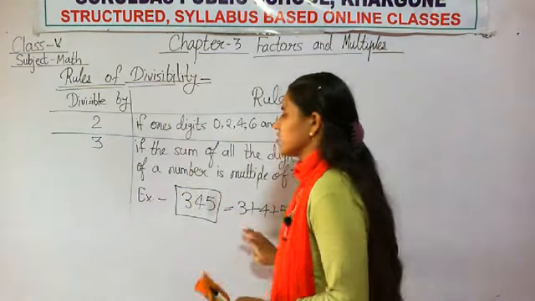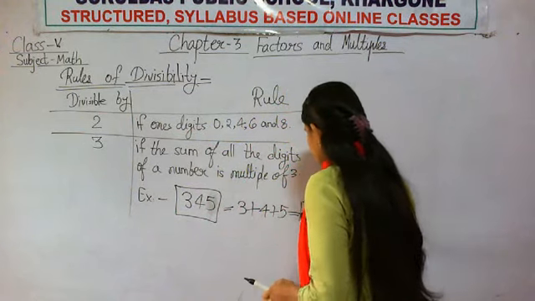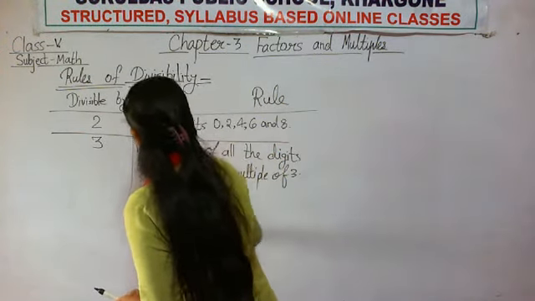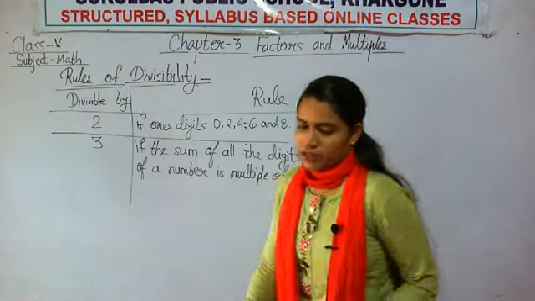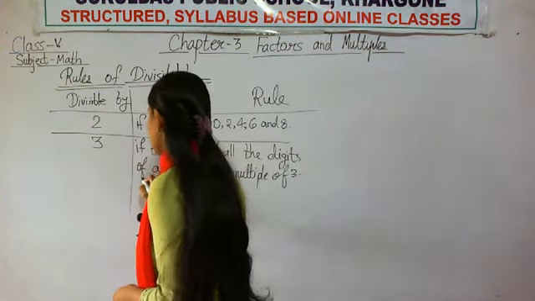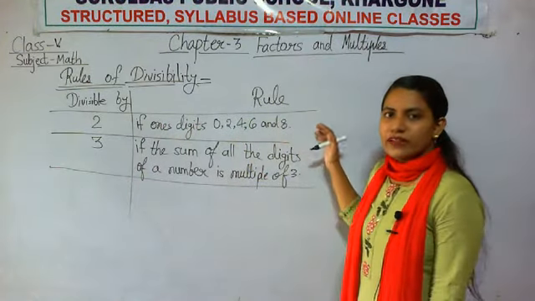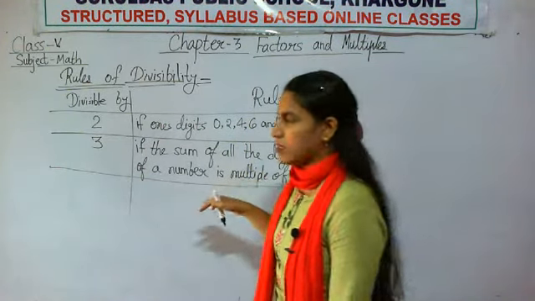By doing practice, you will be able to give the answer in yes or no very fast. So you have to just remember all the divisibility rules which I am discussing here.